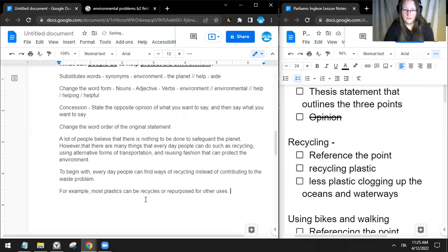Currently, by recycling less trash ends up in our waterways, and there is less plastic to clog the oceans, right?